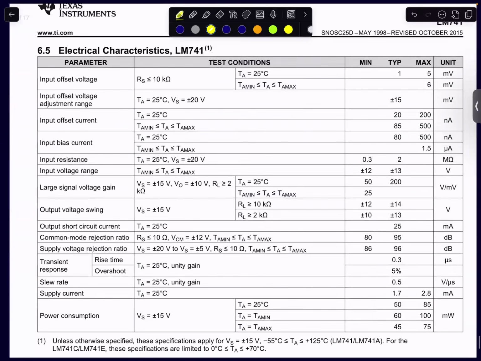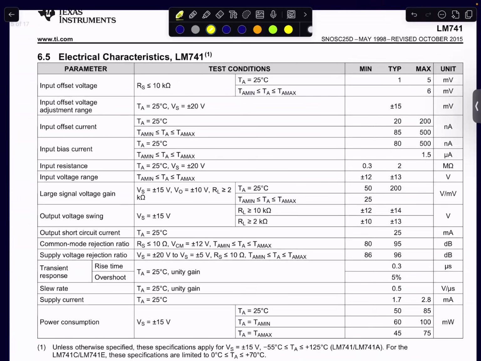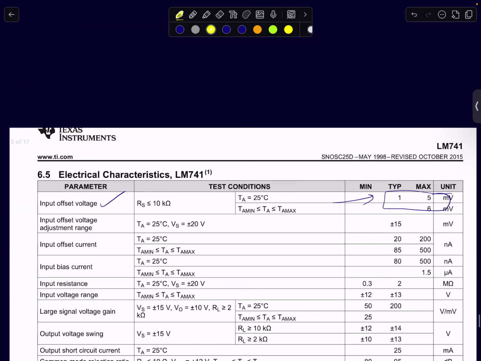This is a typical data sheet of a 741 IC. If you just stare at it, you can now understand most of the things. You know what input offset voltage stands for. Looking at this number, typical is 1 millivolt and maximum is given as 5 to 6 millivolts. Again, we saw in the previous lecture how this is measured. You measure it for multiple parts and then plot a Gaussian PDF kind of plot.